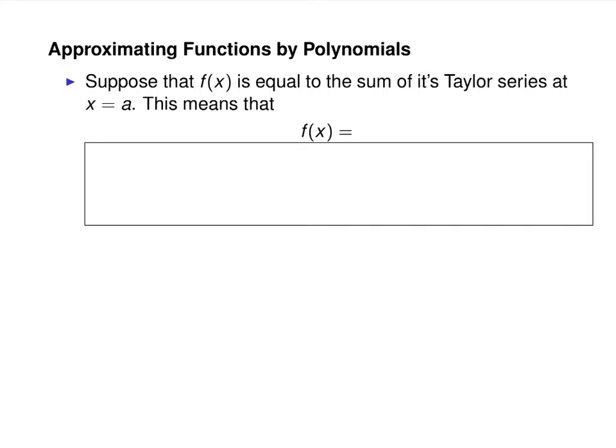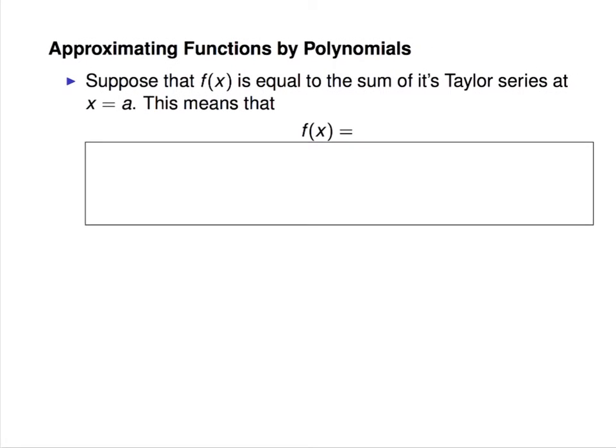But so if you have a function f of x that's equal to the sum of its Taylor series at a point x equals a, this means that this function has the following representation. The sum from n equals 0 to infinity, and then that's just saying the function is equal to the sum of its Taylor series, which is the nth derivative with a plugged in over n factorial times x minus a to the n.